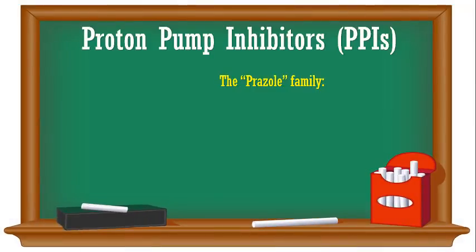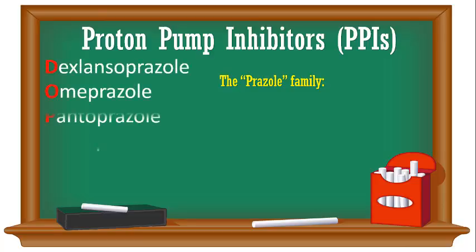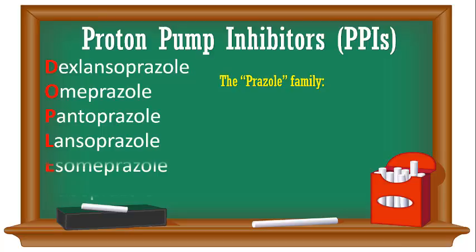Proton pump inhibitors are the prazole family, because all of its members end with the suffix zole. Dexlansoprazole, omeprazole, pantoprazole, lansoprazole, esomeprazole, and rabeprazole.